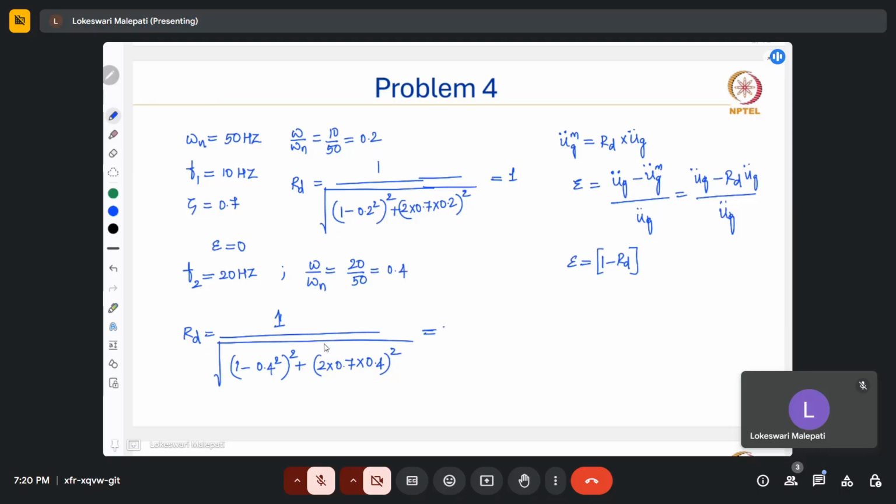This would be approximately 0.990, which means error will be 1 minus 0.990. That means 0.01 or 1%.